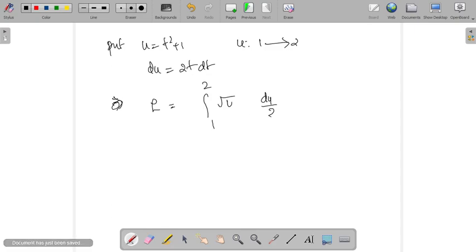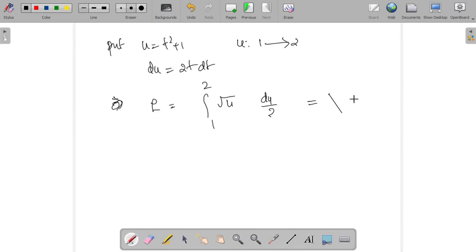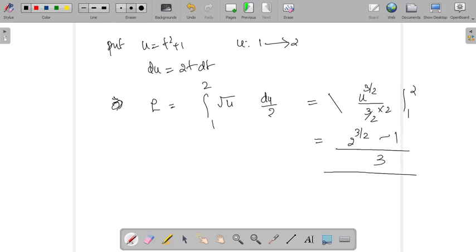So that will be equal to u raised to 3 by 2 by 3 by 2 into 2, from 1 to 2. So that will be 2 raised to 3 by 2 minus 1 by 3. So that is the required arc length.